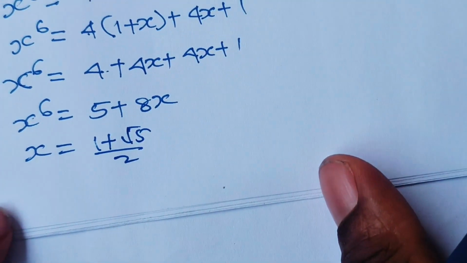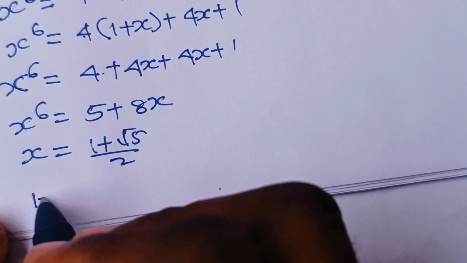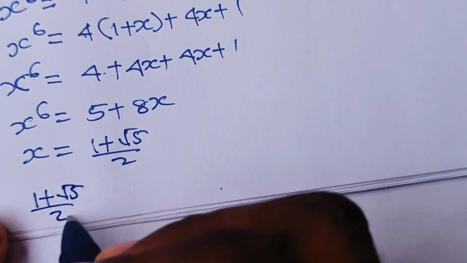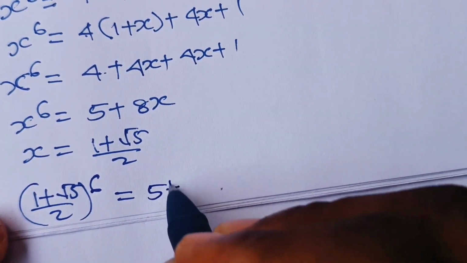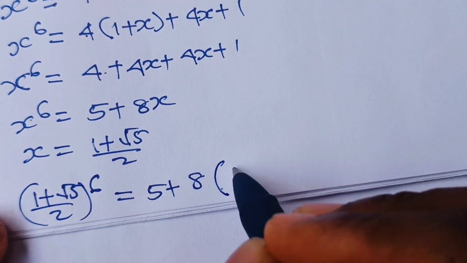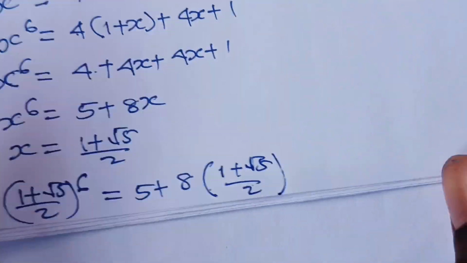So if we substitute now, we are going to have 1 plus root 5 divided by 2 raised to the power of 6 is equal to 5 plus 8 bracket 1 plus root 5 divided by 2, right?